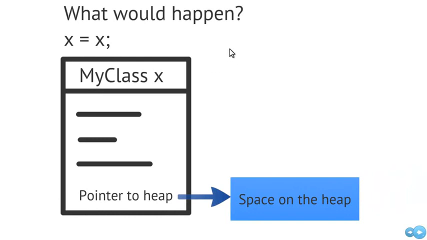So let's take a look at something we should consider whenever we write an overloaded assignment operator. What would happen if we were to do self-assignment, where we had X assigned to X, and X was of type my class?